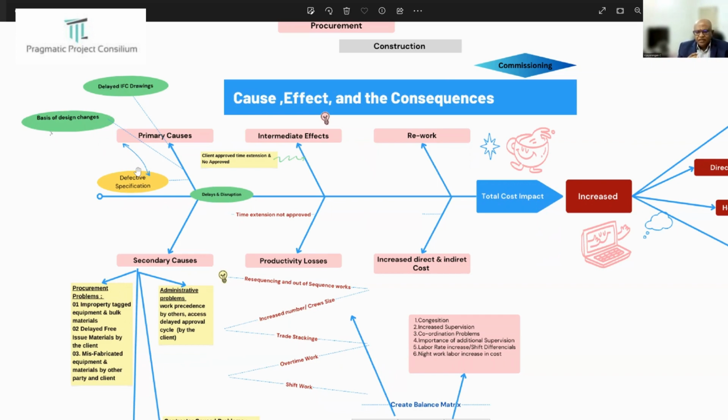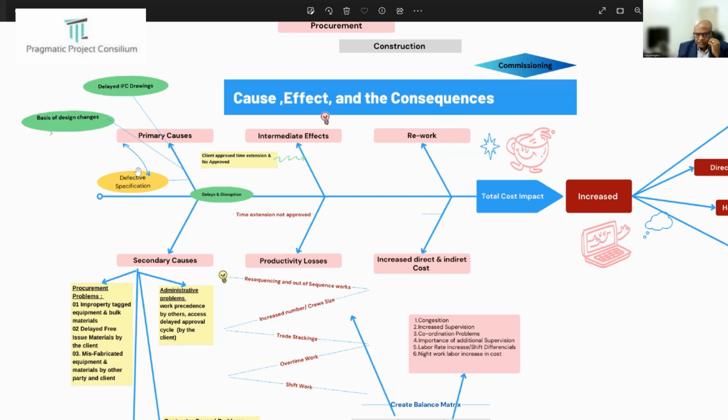For example, during the execution of the project, maybe the engineering started early, and in the meantime a lot of discussion is going on between the client, the contractor and the other agencies involved in the project, and therefore a lot of changes may arise during the design phase. Also, the client may forget to give the right specification, or give a defective one, and this is the main primary cause.